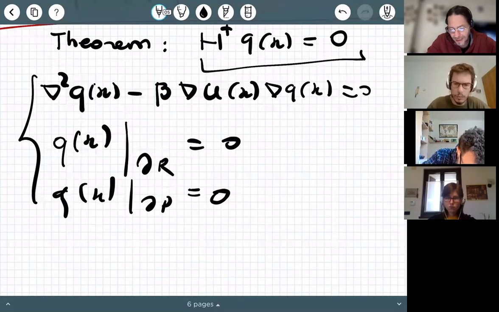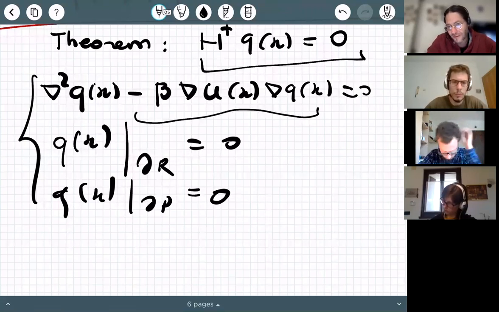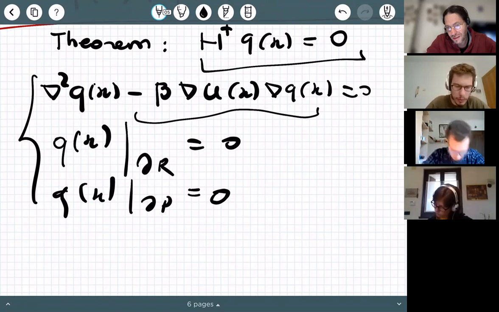So it looks a little bit like a conductor electrostatics problem, right? Where you have a slightly different equation. In conductor electrostatics, you don't have this part, right? You have a Poisson equation. Suppose you have no electric charge, just a field in a condenser. You know how things were done in electrostatics, right?